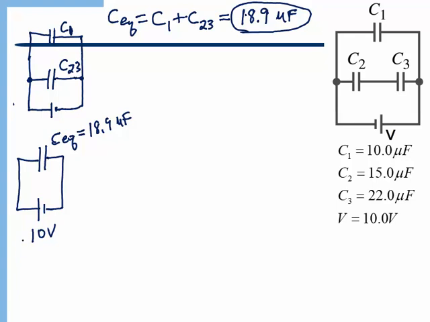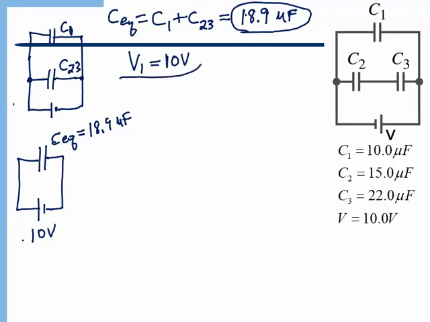Okay, so first of all, if I look at the original circuit, I know the voltage across C1 because C1 is directly connected to the battery. Another way to say that is it is in parallel with the battery. So I know that V1 is 10 volts.